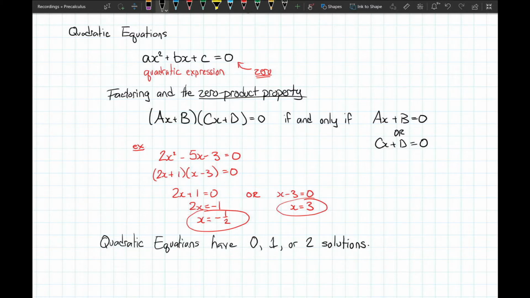Now, to be able to factor these, you have to get a little bit lucky, because we're always looking for two numbers that multiply to something but add to something else, and you may not be able to find those numbers. So it's not always possible or not always easy, but luckily there is a way around that.